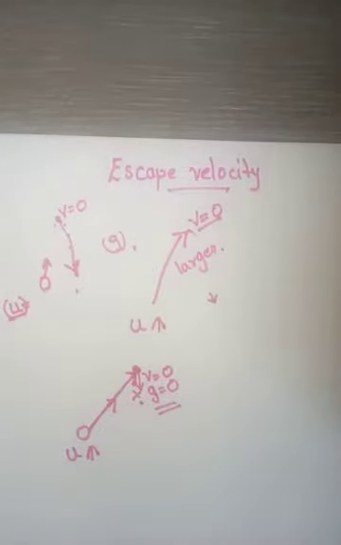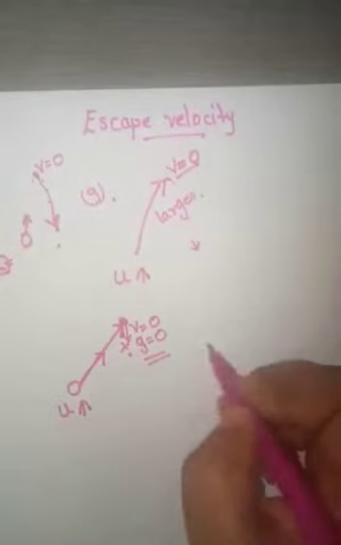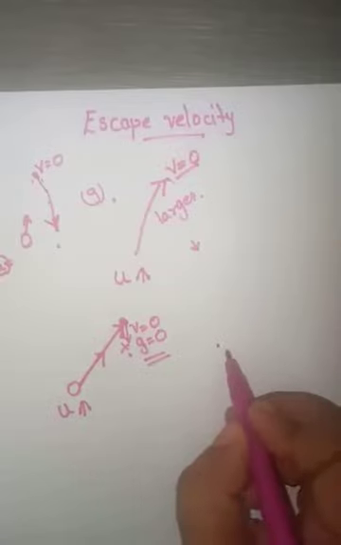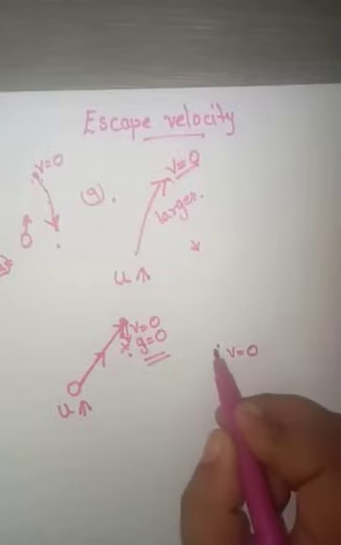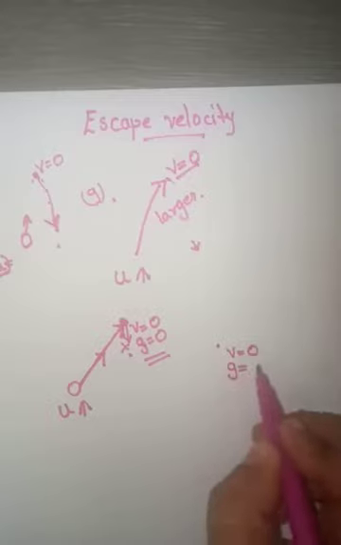Escape velocity of a planet is the minimum velocity given to an object on that planet, due to which it will just escape the planet and will not come back. So if I give such a velocity that it reaches a point where its final velocity is zero, at that point the gravitational acceleration is also zero.